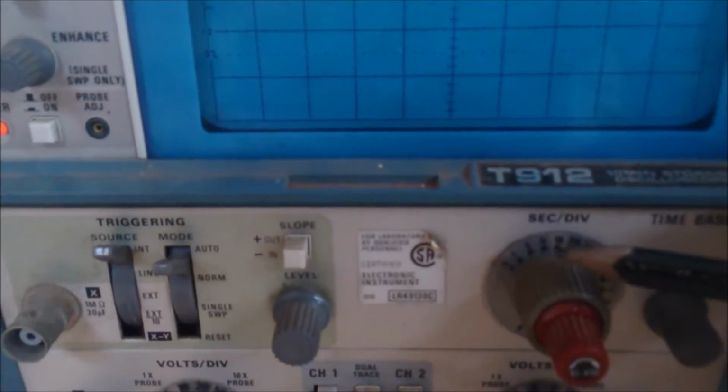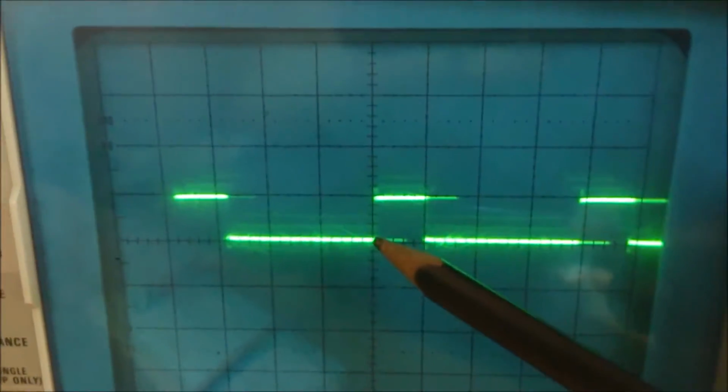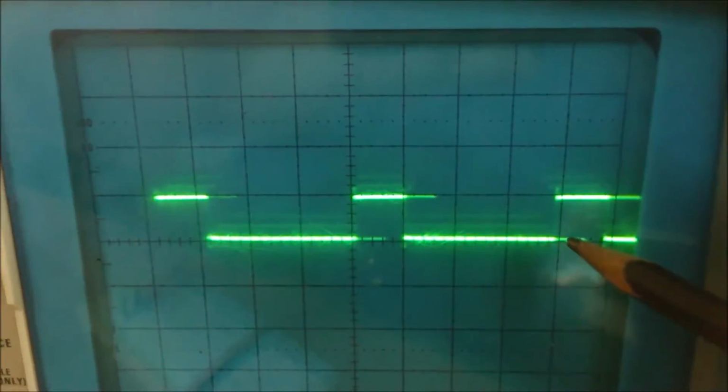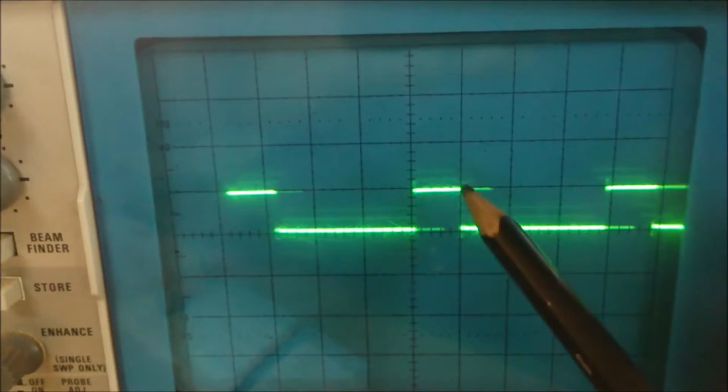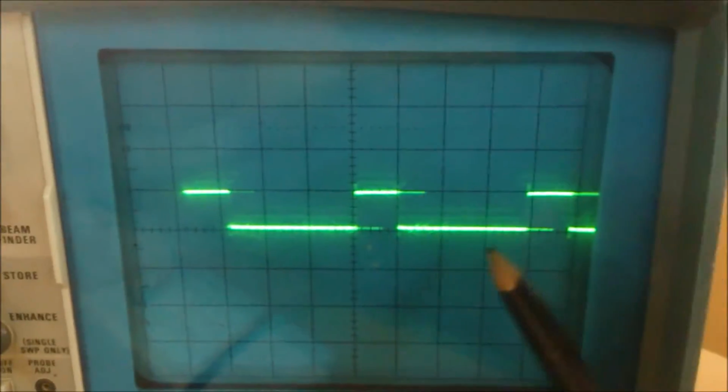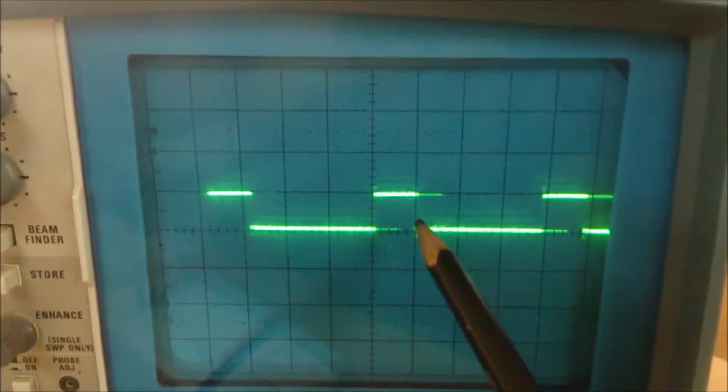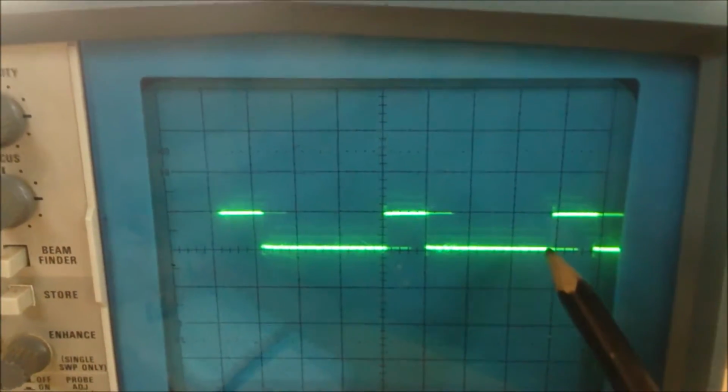So each single division as seen from here to here is 10 micro. So for one period I have 4 divisions, so that's 40 micro, and the time on is for 10 micro and the time off is for 30 micro. So it's on for a quarter of the period and off for 3/4 of the period.